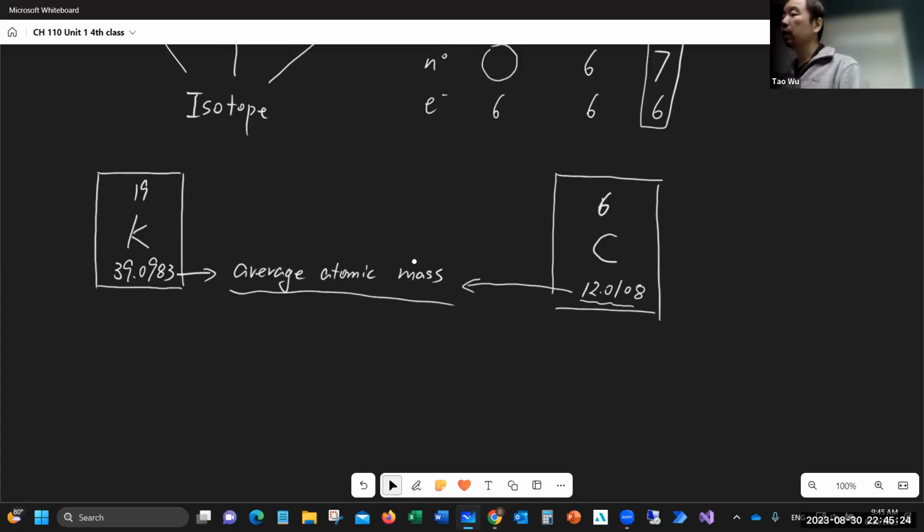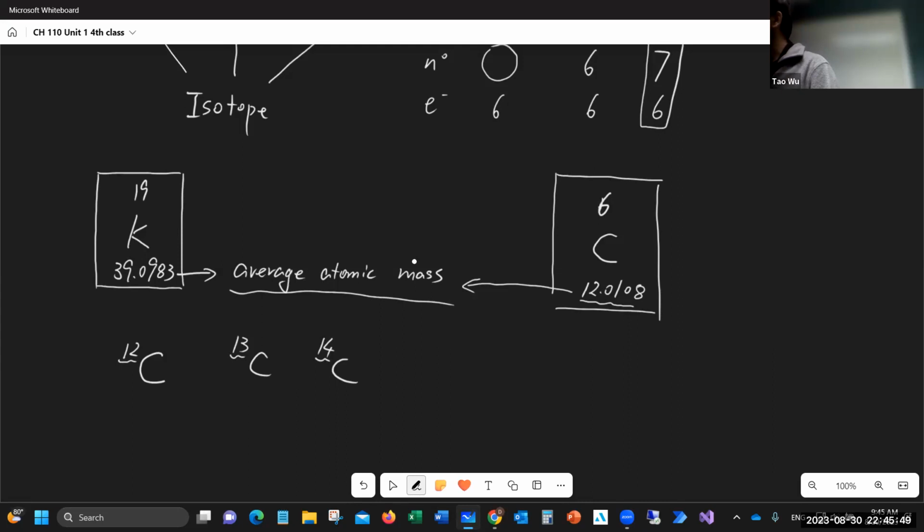So this is the general average for all kinds of carbon atoms. For example, last time we talked about carbon-12, carbon-13, and carbon-14, and in general, those are mass numbers.